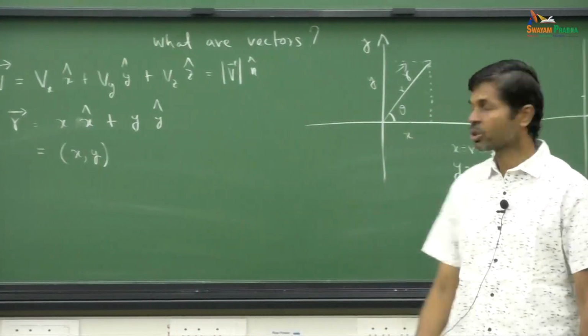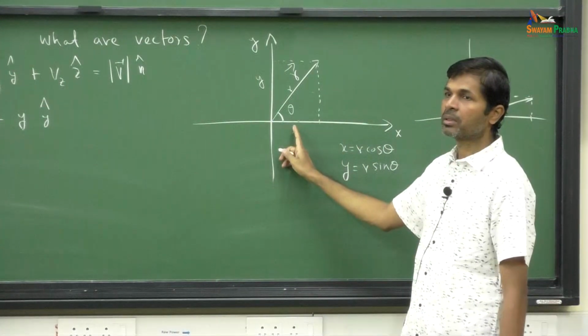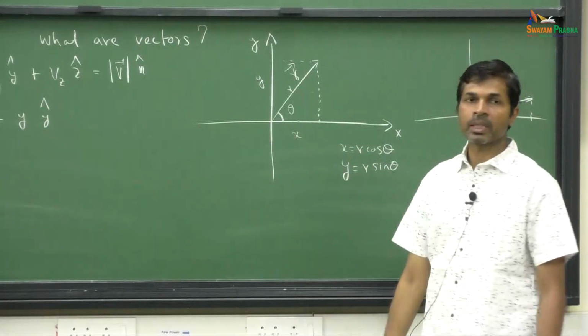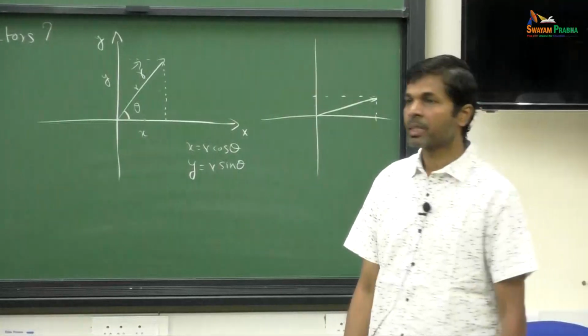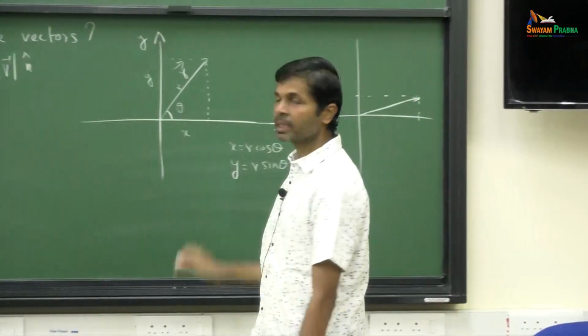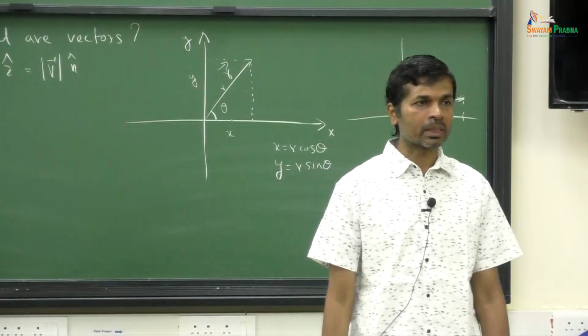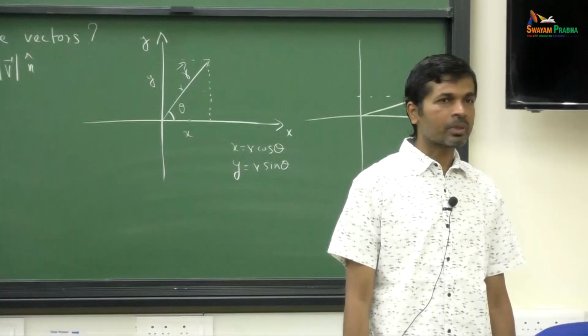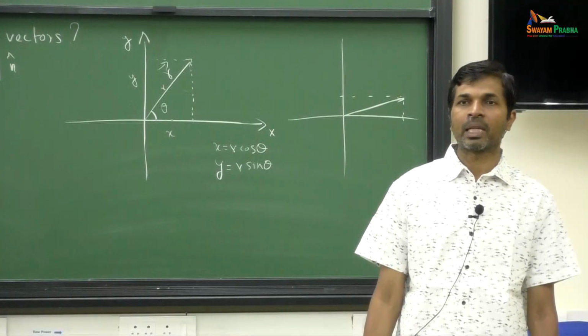But these components are dependent on the coordinate system that you use. Okay? It depends on what you call your x-axis and what you call your y-axis. So if you change your axis, okay, then the components will also change.